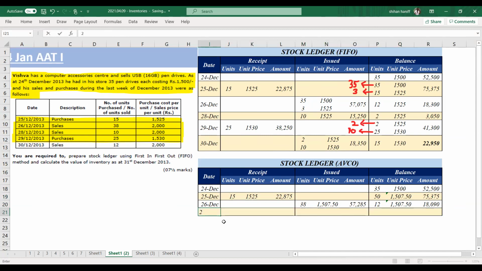Then we have 28th December sales, another 10 units. Price will be the same. So 2 units remaining, same price, 3015.